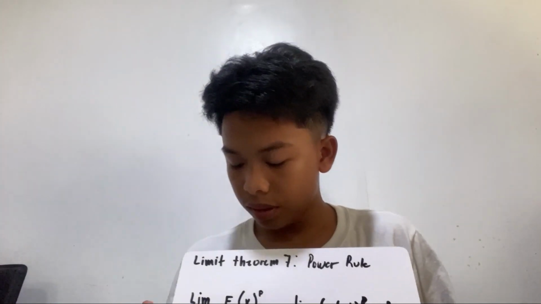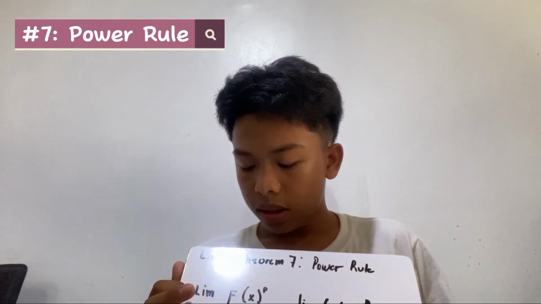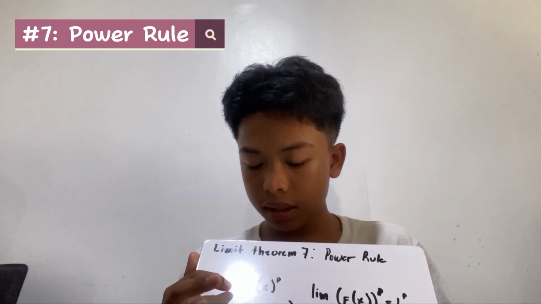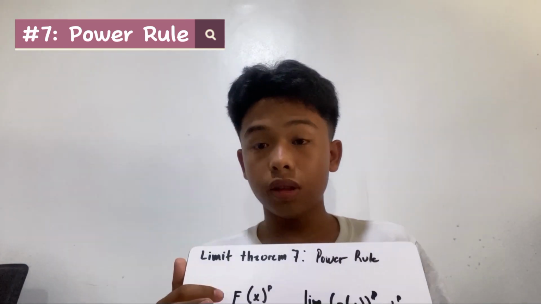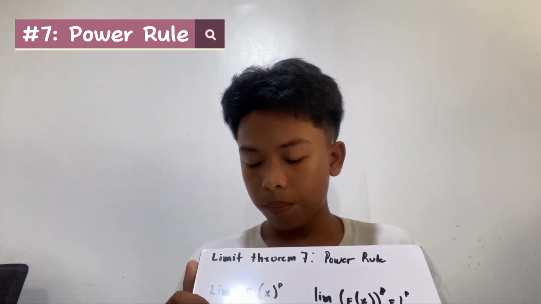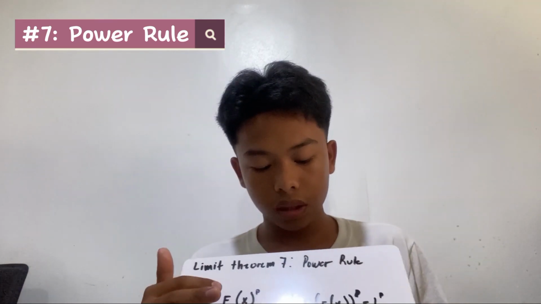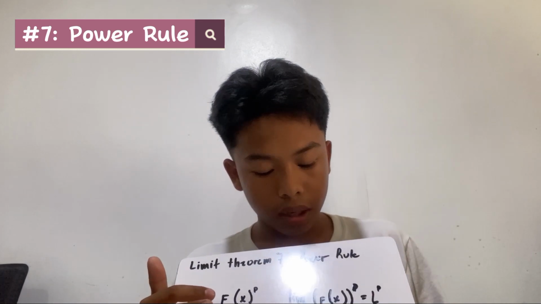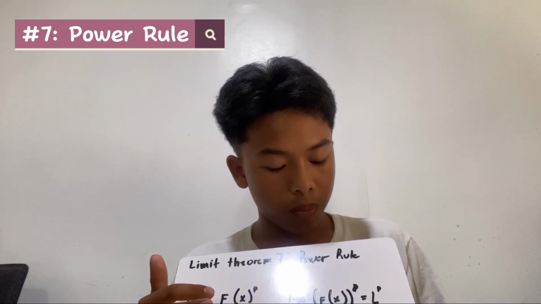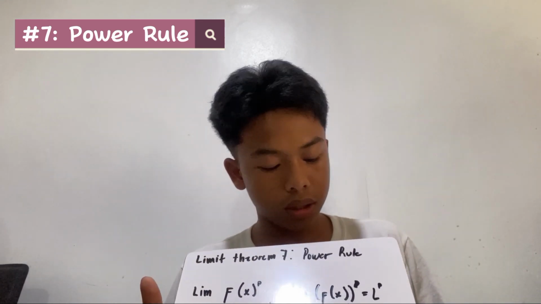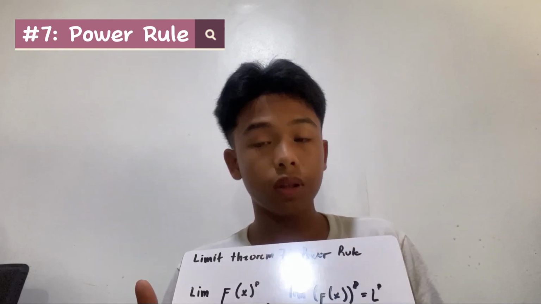So, ang limit theorem number 7 naman, which is the power rule, is going to be explained by Arjohn. Ito naman po yung limit Theorem 7, power rule. This is limit of f(x) to the power of p as x approaches to c is equals to limit of f(x) as x approaches to c, to the power of p.